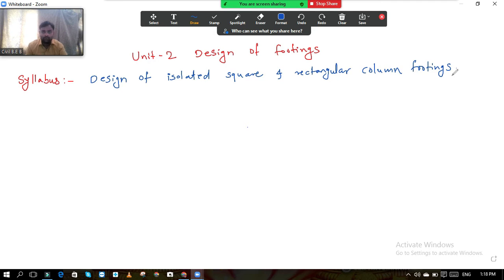This we are going to design. Also we are going to see column footings which are subjected to eccentric load also. So design of isolated square and rectangular footings, which we are going to see over here.